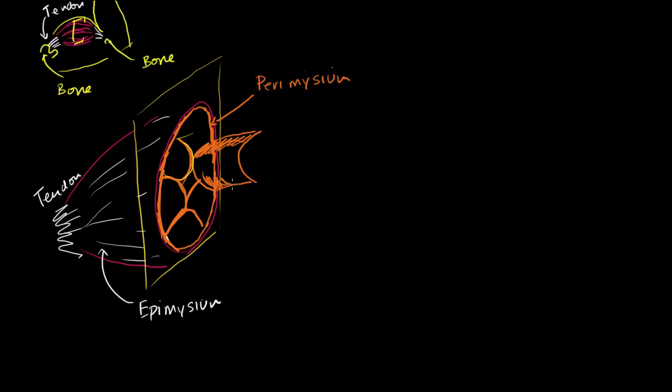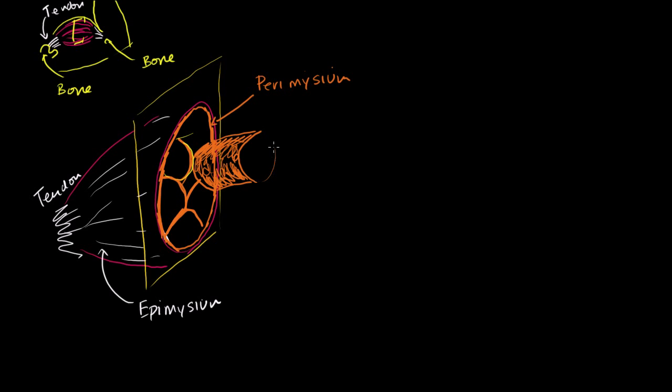This is all perimysium, and it's just a fancy word for connective tissue. And there's other stuff in there. You could have nerves, and you could have capillaries, all sorts of stuff, because you have to get blood and neuronal signals to your muscles eventually. So it's not just connective tissue. It's other things that have to be able to eventually get to your muscle cells.